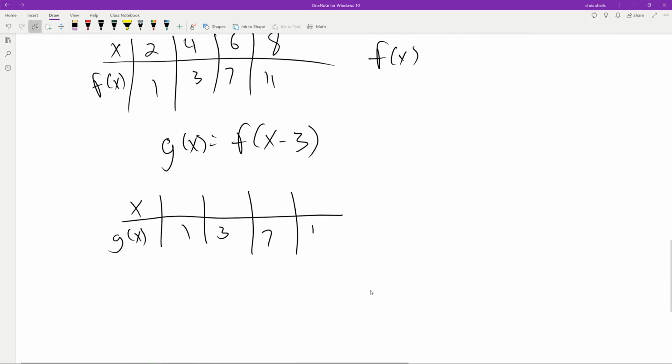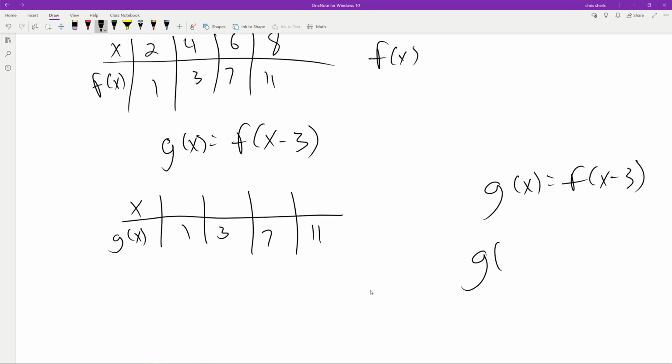So if I'm saying that g of x is f of x minus 3, right, then for instance, g of 5 would be f of 5 minus 3. So g of 5 would be the same thing as f of 2.